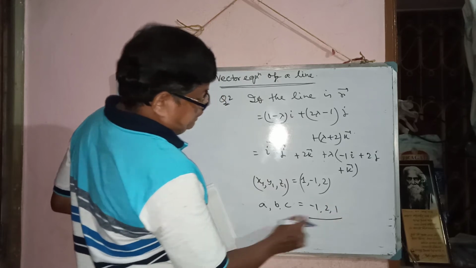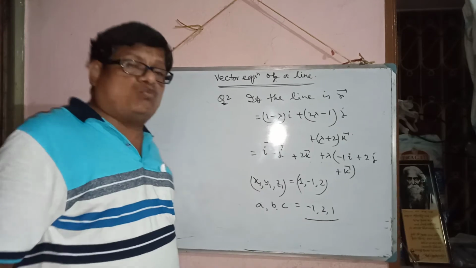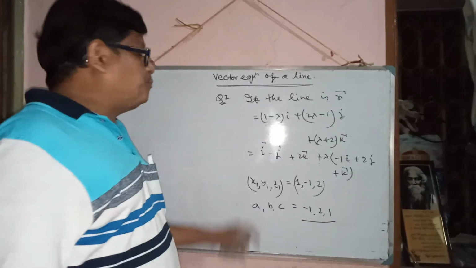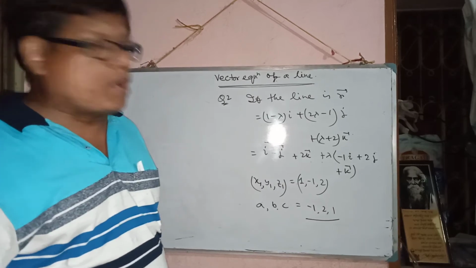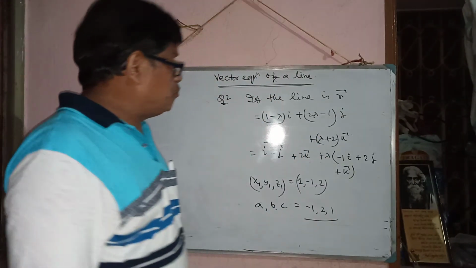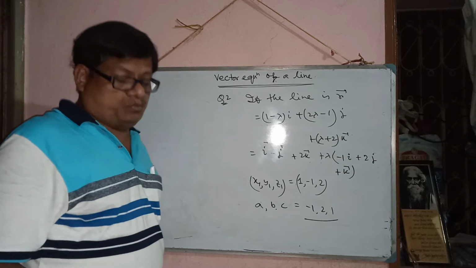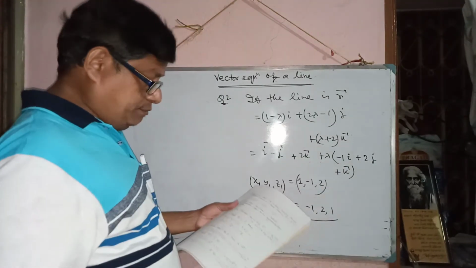So this is the direction ratio, minus 1, 2, 1, and the straight line passes through the point 1, minus 1 and 2. The next one.